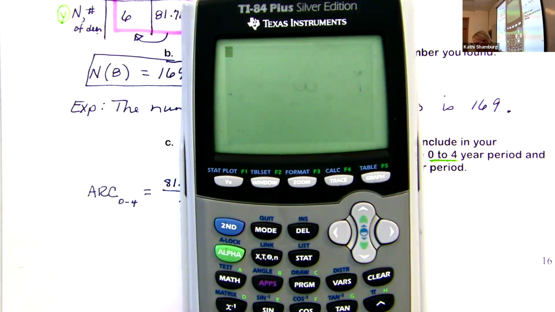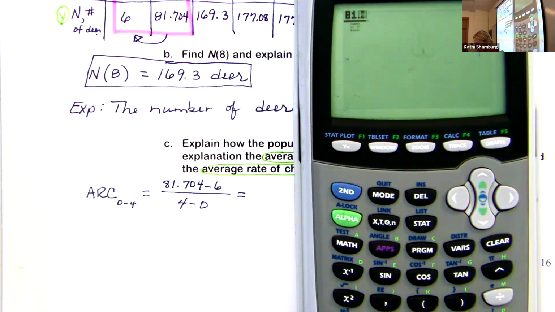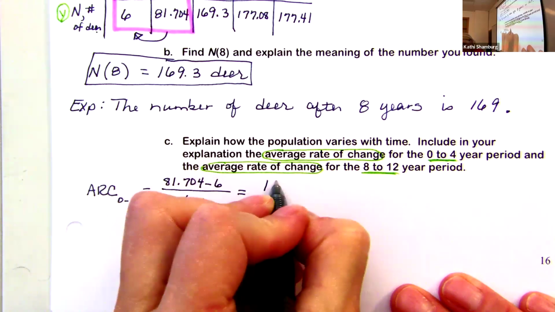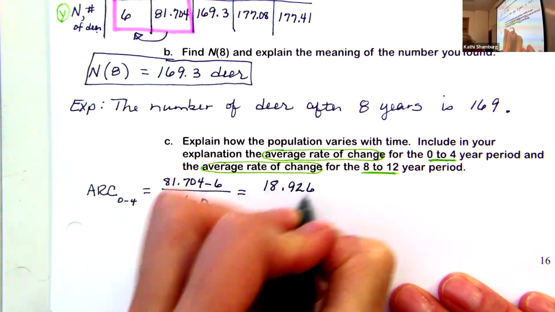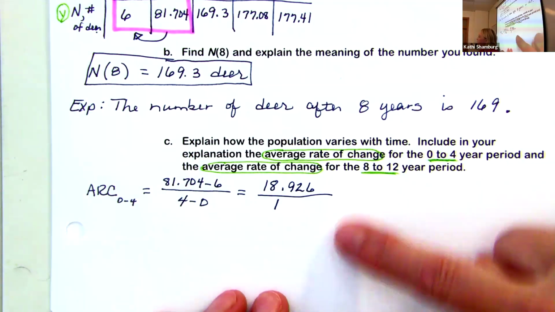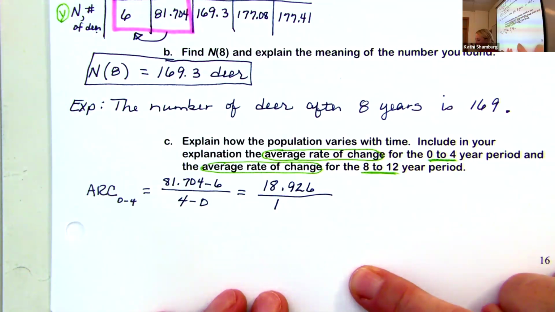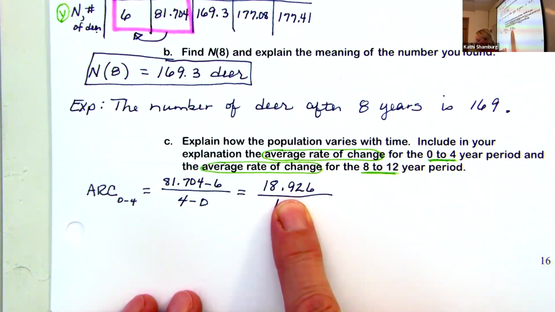Okay. All right. So I'm going to do alpha y equals 1. And we had 81.704 minus 6 over 4 minus 0. When I hit enter, it's already putting this over 1. Okay, so we have 18.926 over 1, but you have to tell me what each of these is. 18.926 is your function, which is your number of what?